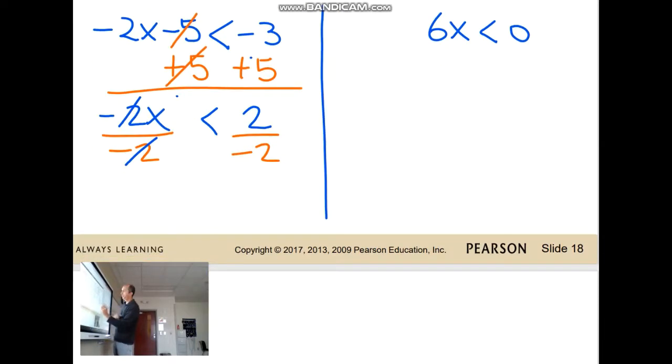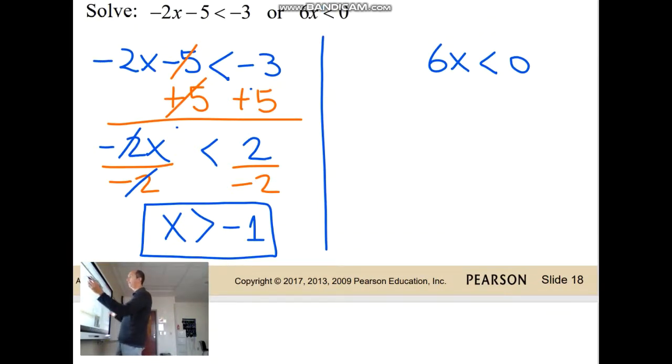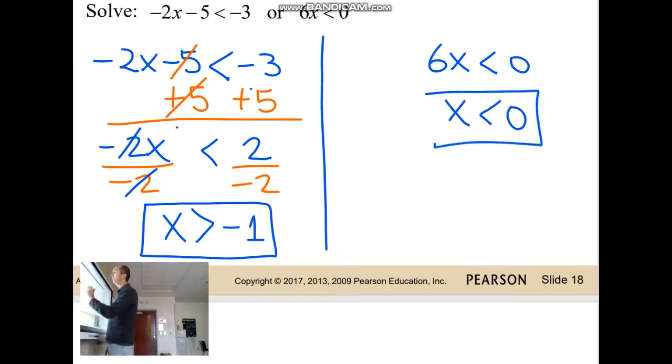We have 2 divided by negative 2, negative 1. We need to switch or flip the inequality sign, right? On the other side, we just apply the multiplication property of inequality, dividing both sides by 6. And since this is 0, the result is going to be x less than 0.